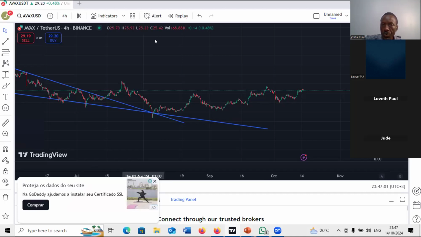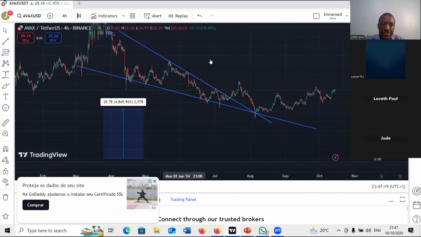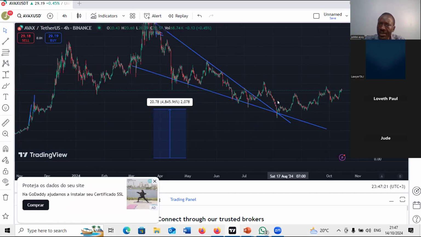So we do the analysis in the higher time frame, then come down to know exactly where we are going to make the entry point. And as I've told, if you do good plotting of these lines, then you will not have a very serious problem in getting to know where to enter.